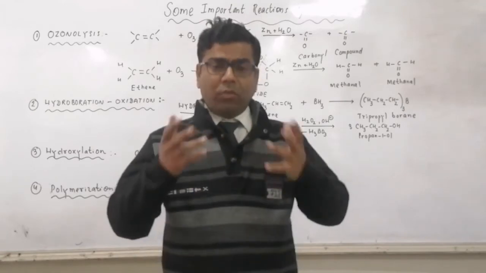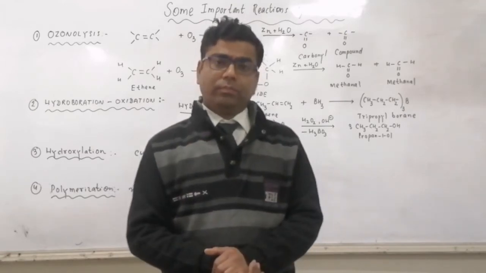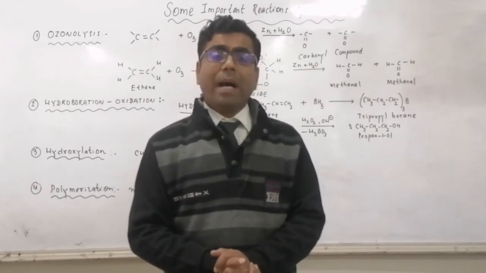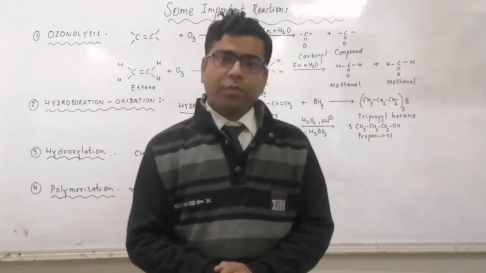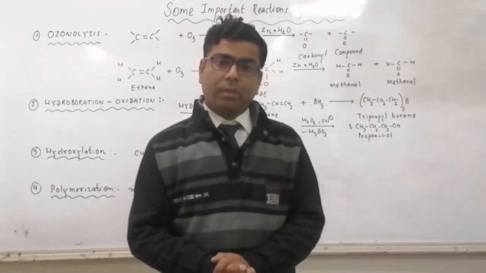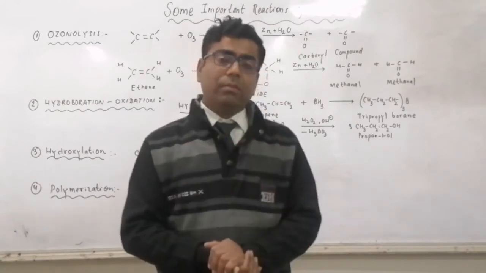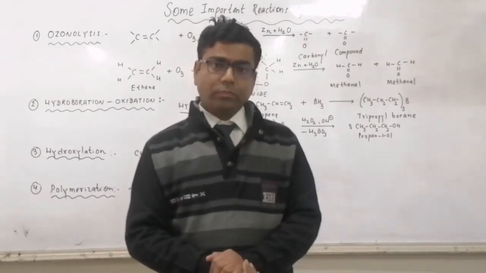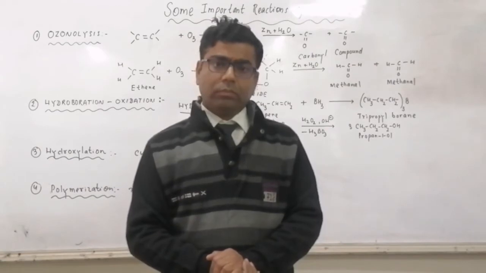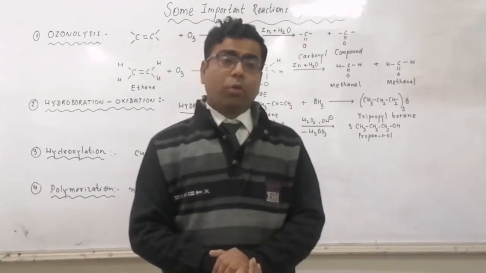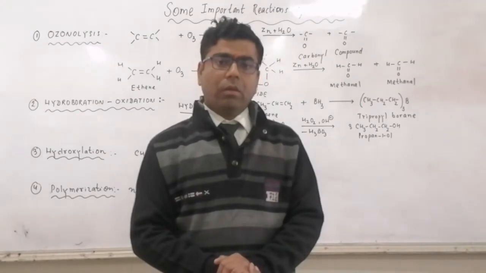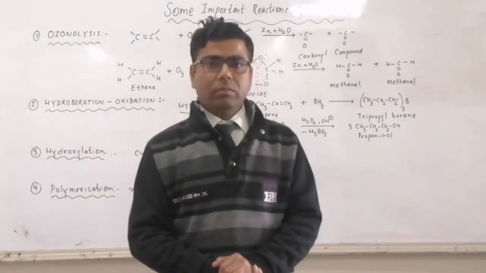What type of products will be formed is decided by the structure of the alkene. If the olefinic carbon atom contains branching, then that part on ozonolysis will always form ketone.